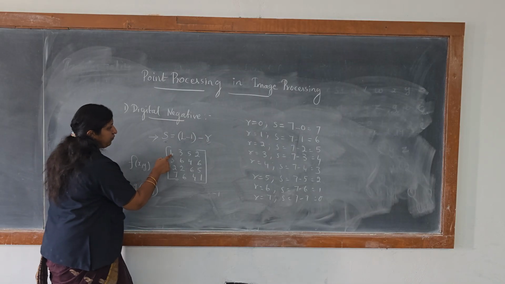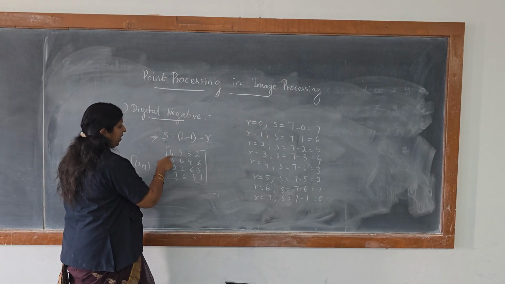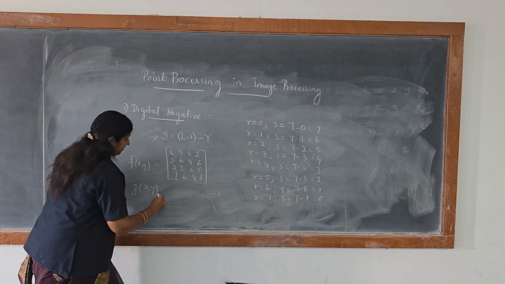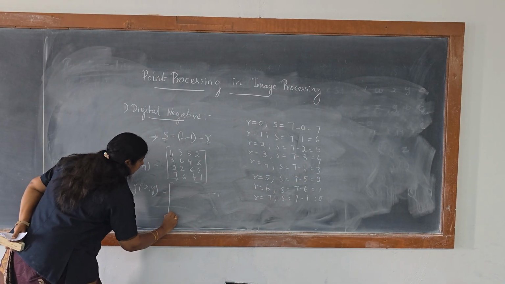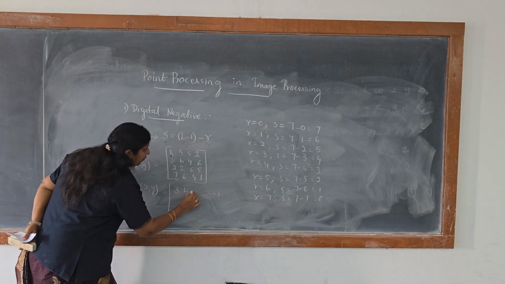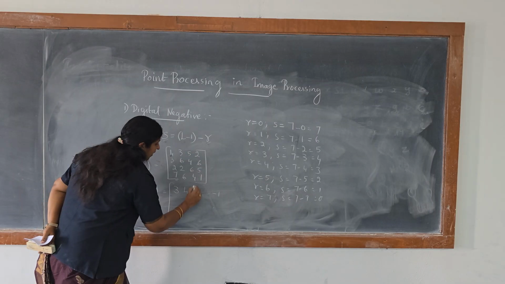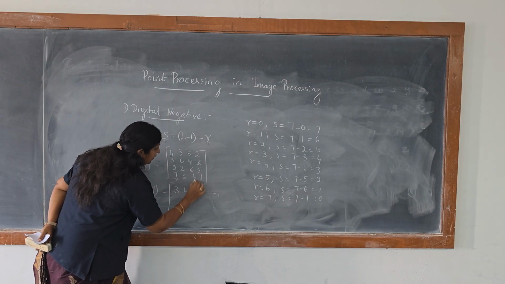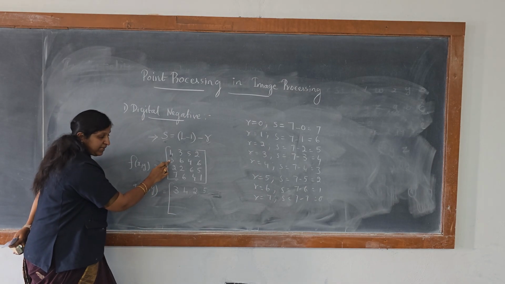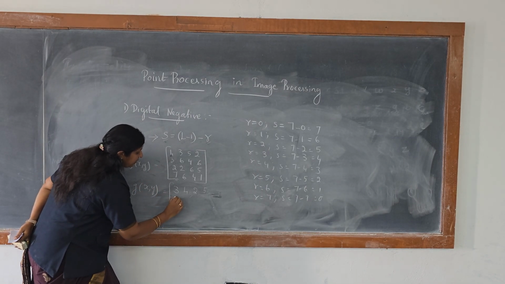Okay, so if R is 4, then S value is 3. If R is 3, S value is 4. See the table. If R is 5, S value is 2. If R is 2, S value is 5. Then if R value is 3, then S value is 4.